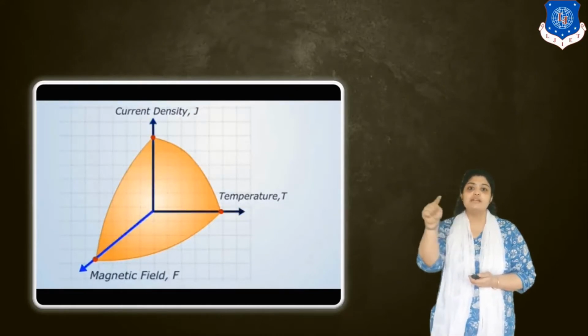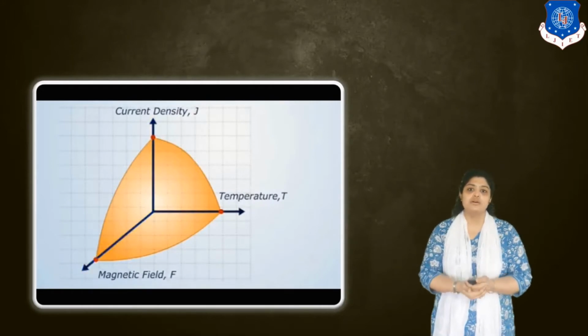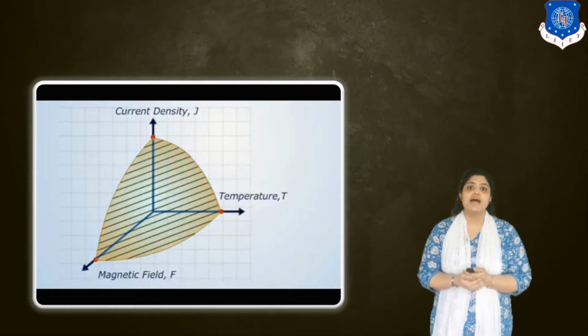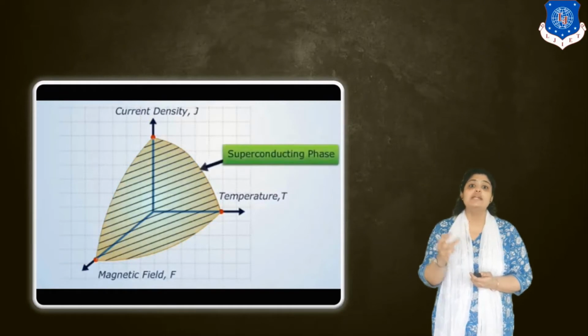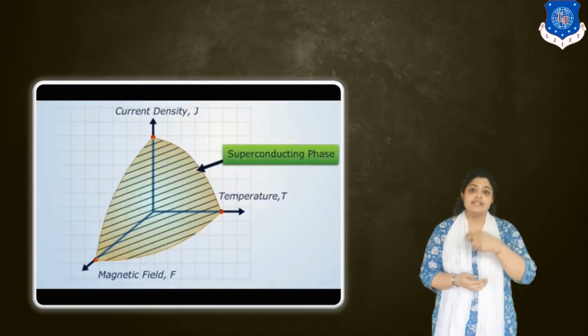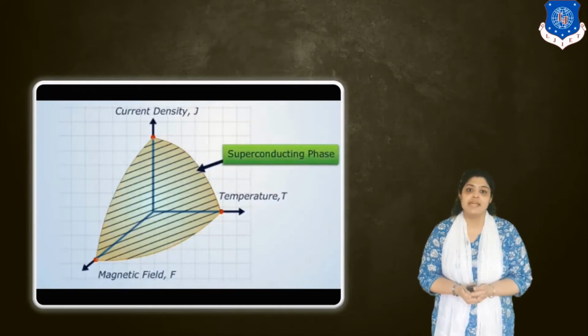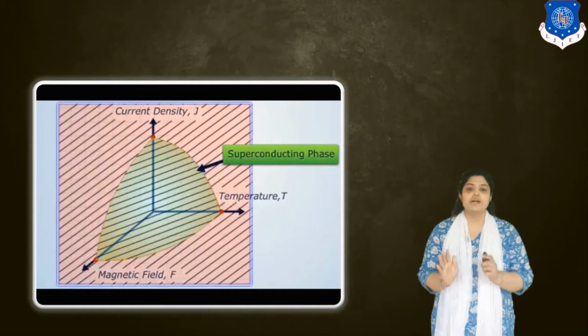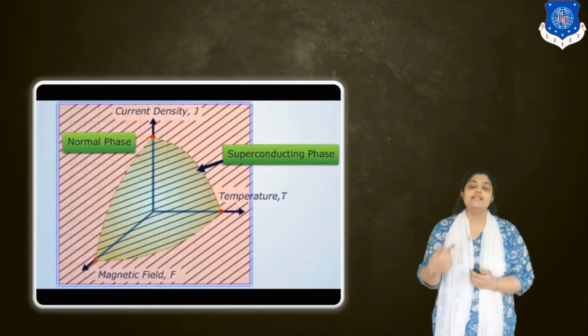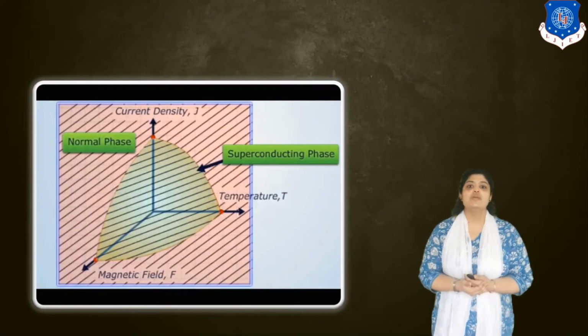If I join extreme points on this graph, I will get a surface which is called the critical surface, and within this surface your superconductor behaves as a superconductor only, and outside this critical surface there is no superconductivity. It is known as the normal phase.